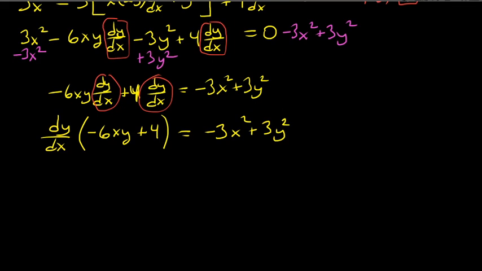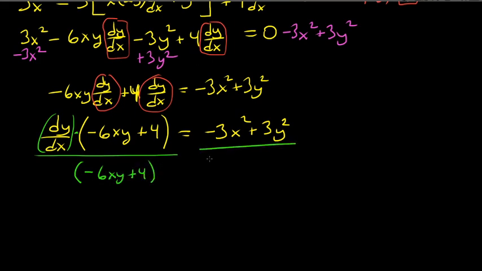And now we're really almost done here, right? We're solving for this variable here. Notice it multiplies all of this, 4 minus 6xy. So the opposite of multiplying by negative 6xy plus 4 is dividing by negative 6xy plus 4. But if you do that on the left side, you got to do it on the right side as well.